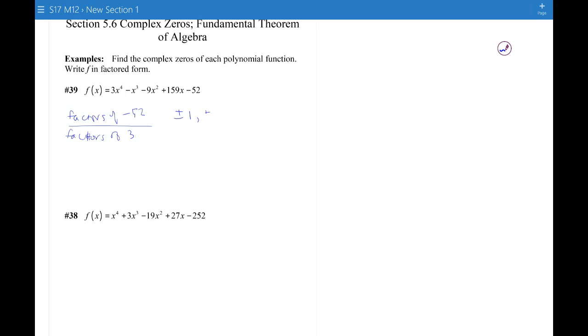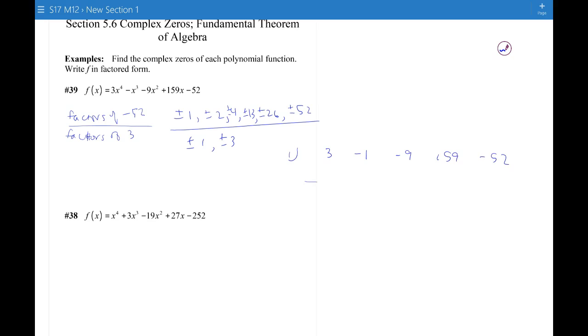Plus or minus 1. 2 goes into 52, so I'm going to have plus or minus 52 and plus or minus 26. 3 doesn't go into 52, but 4 does, and 13 does. And that's it. So then that's over plus or minus 1 and plus or minus 3. So it could be a fraction, but let's hope that it's an integer and just try some synthetic division.